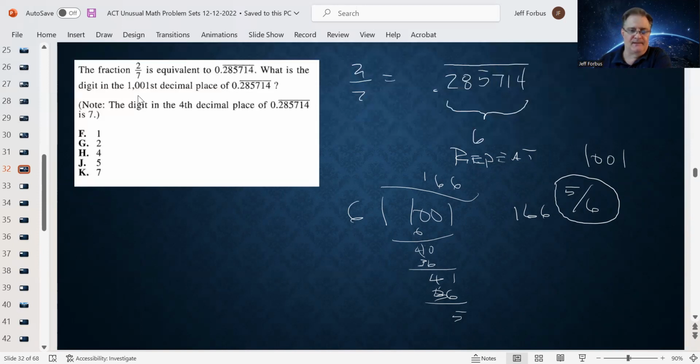So if we take our number 0.285714 and we count over 5, we start with 2: 1, 2, 3, 4, 5. We end up at 1. Therefore, the digit in the 1001st decimal place is 1. Answer choice F.